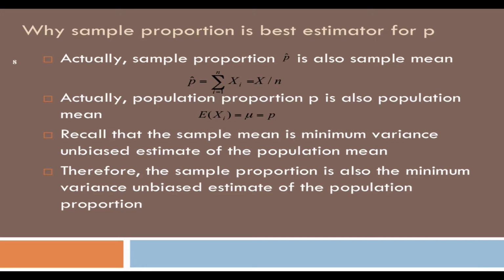The proof actually relies very critically on the relationship between the binomial distribution and the Bernoulli distribution. So remember, X is a binomial random variable. X follows binomial N and P. And remember what I told you, that every binomial distribution can be viewed as a summation of Bernoulli distributions. Right?